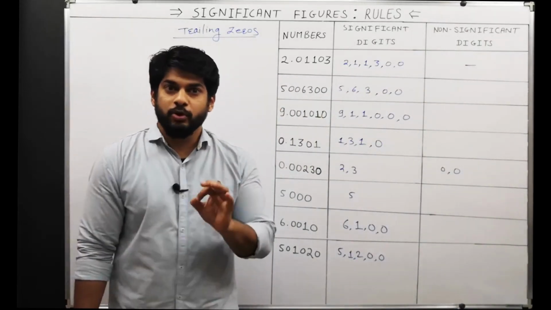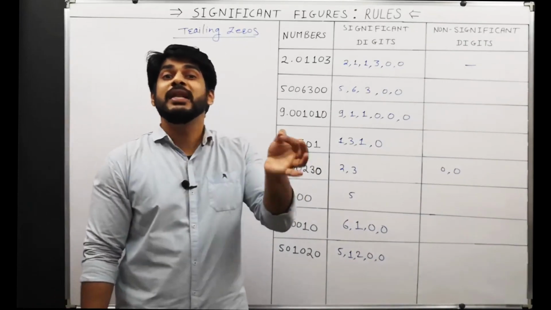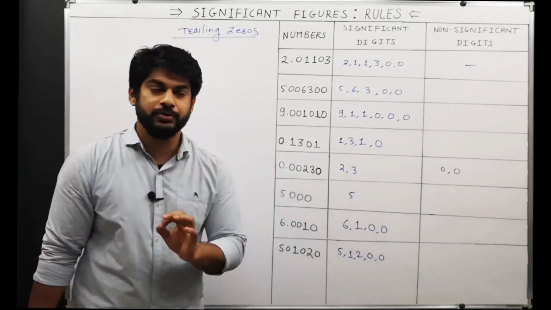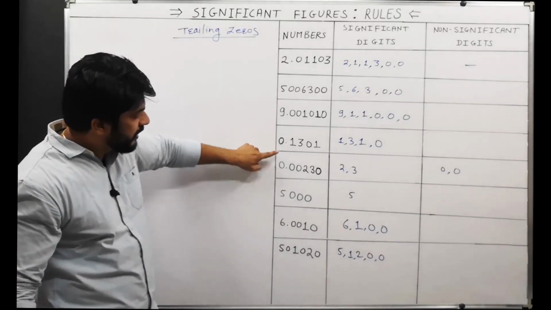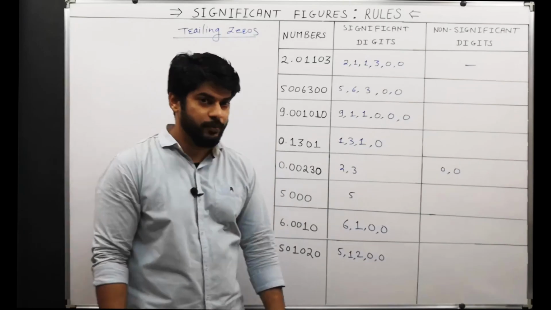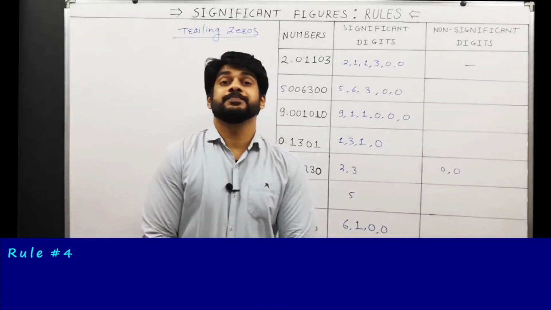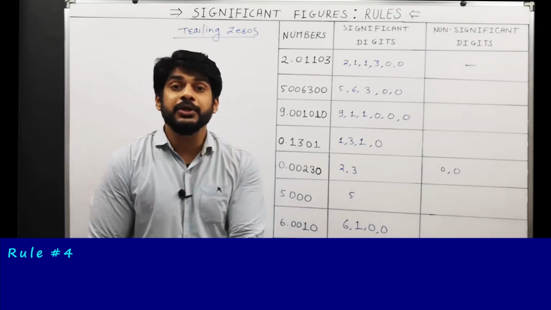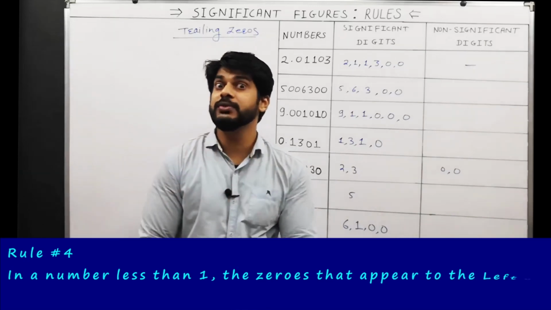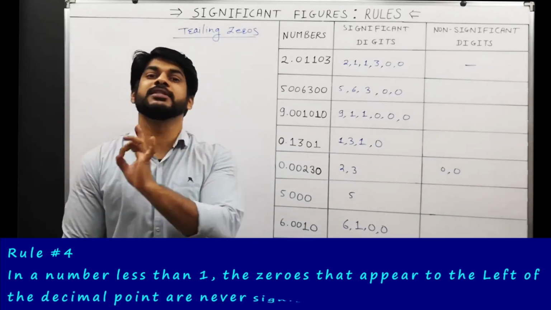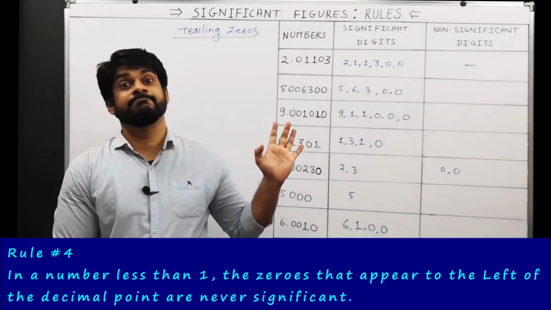Now let's talk about the next rule. This rule is about the zeros that appear to the left of the decimal point. Like over here you can see these two. These are the two zeros that appear to the left of the decimal point. So the rule says that the zeros that appear to the left of the decimal point are never significant.